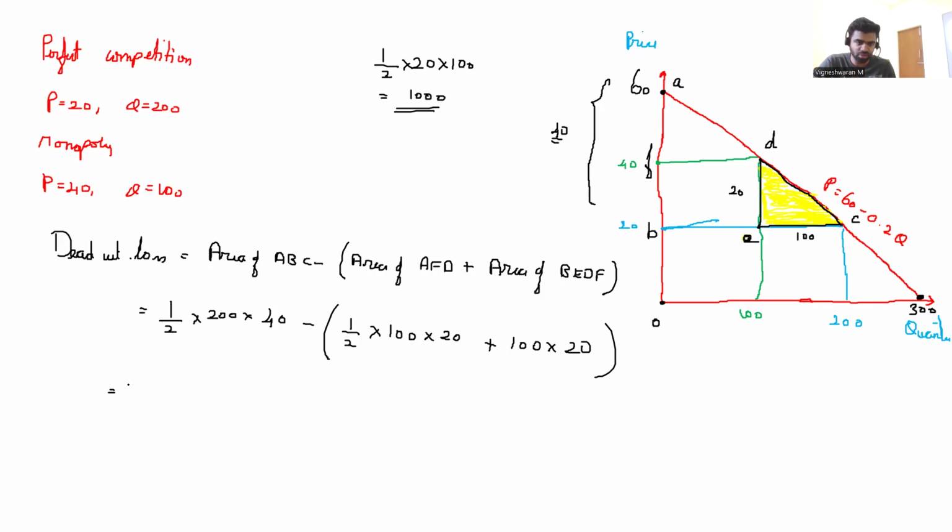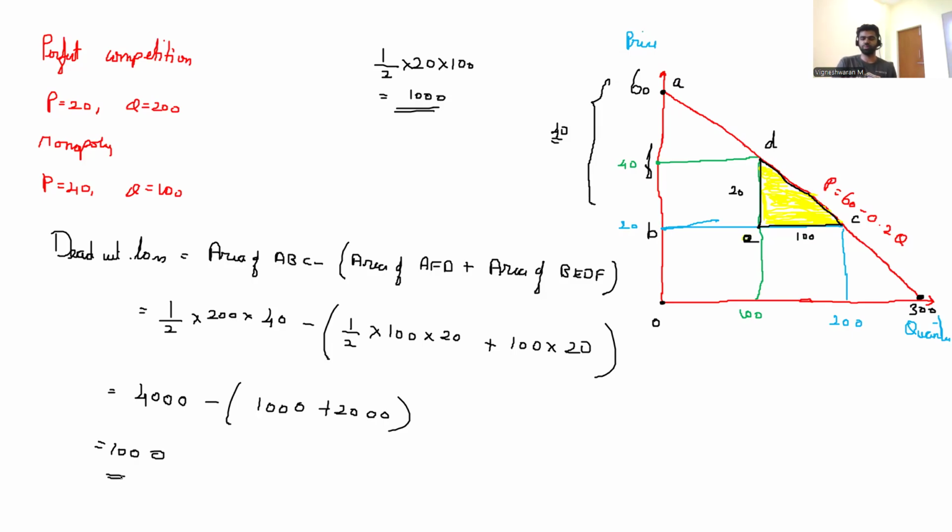So it will be equal to 4000 minus 1000 plus 2000. So the answer is 1000. So like this only you have to calculate the deadweight loss.